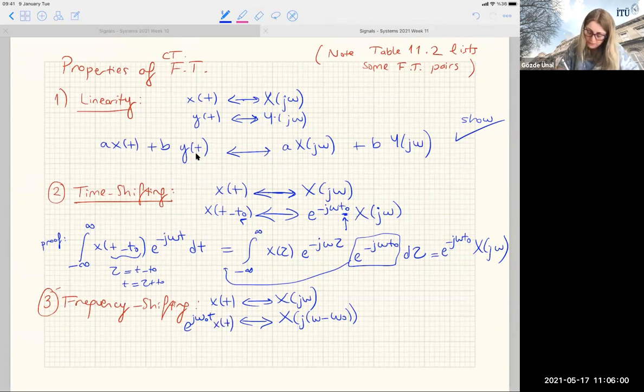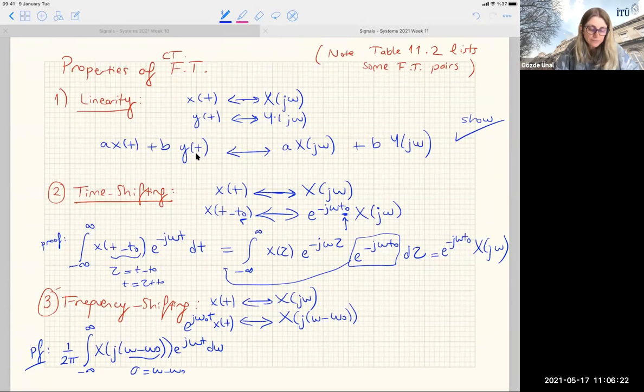This time start the proof in the Fourier domain, meaning start with the inverse Fourier transform, X of j omega minus omega 0 e to the j omega t d omega, and do a change of variables. Let's say sigma equals omega minus omega 0. Do the change, guys. I think you can do it.